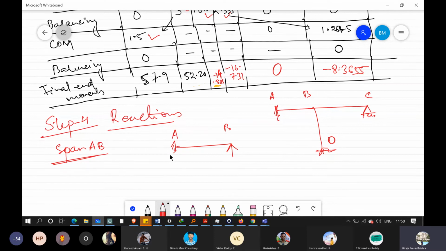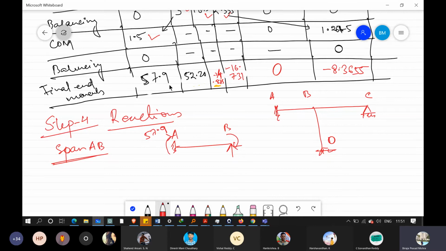MAB is coming as 57.9. Similarly, this is 52.20.